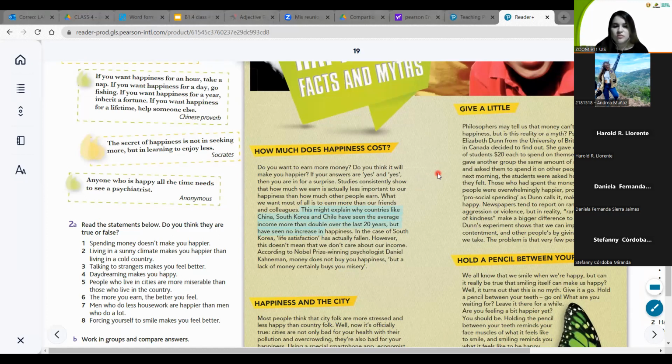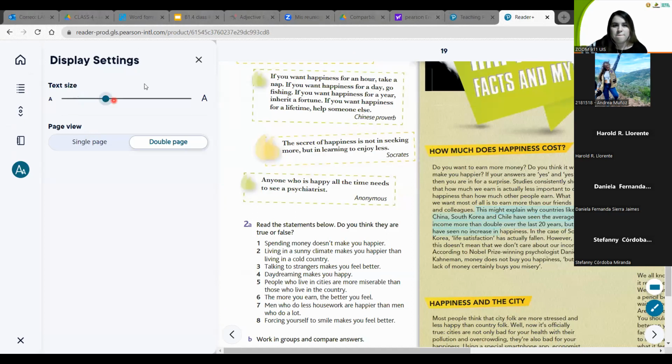What we want most of all is to earn more than our friends and colleagues. This might explain why countries like China, South Korea, and Chile have seen the average income more than double over the last 20 years, but have seen no increase in happiness.